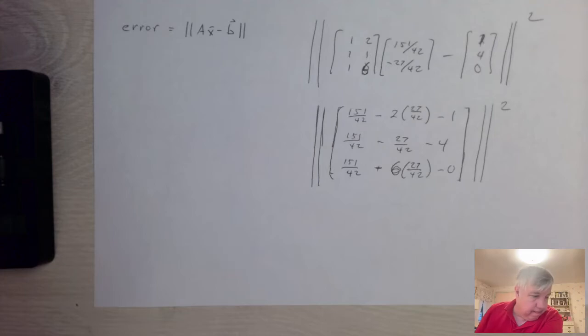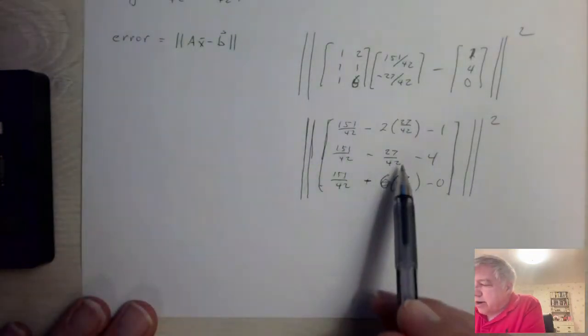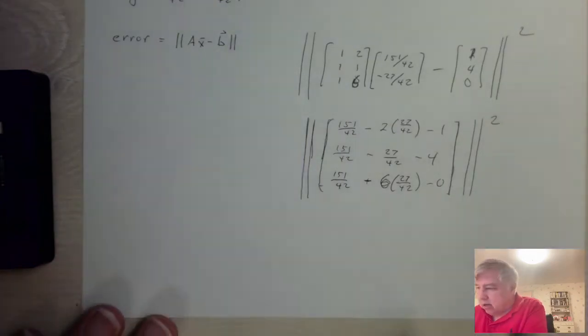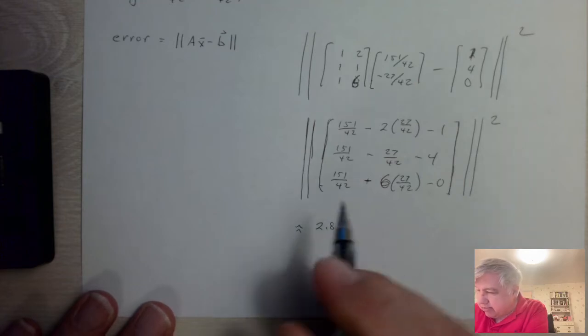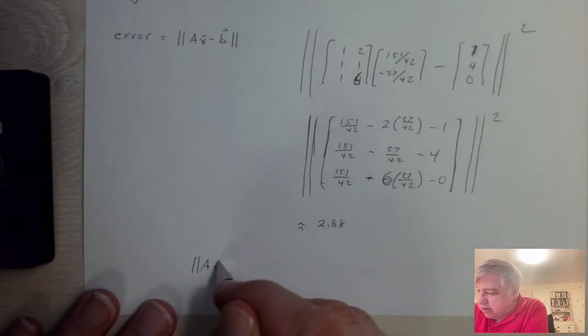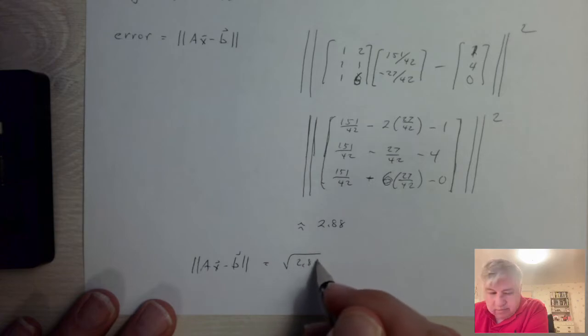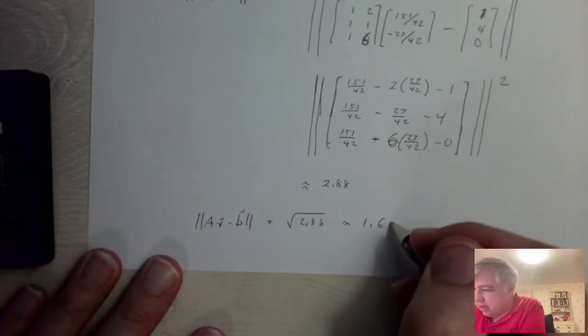So we compute this number and square it, we compute this number and square it, we compute this number and square it, add it all up, and then this turns out to be approximately 2.88, and so the actual error is the square root of that, which is approximately 1.697.